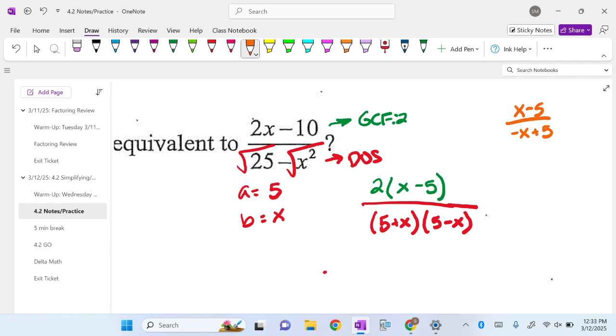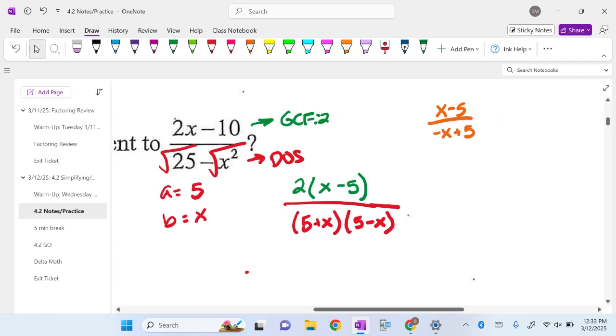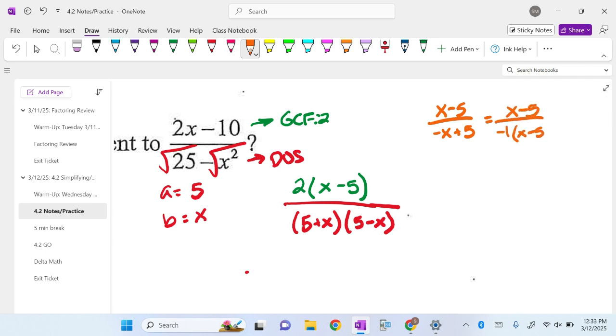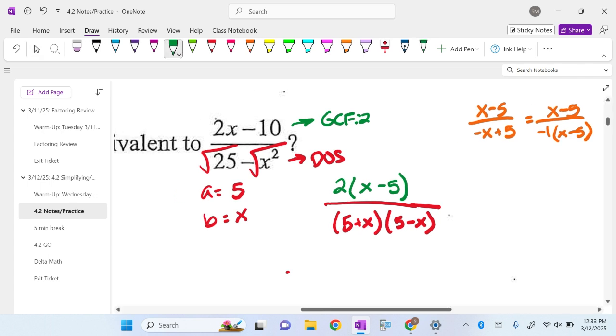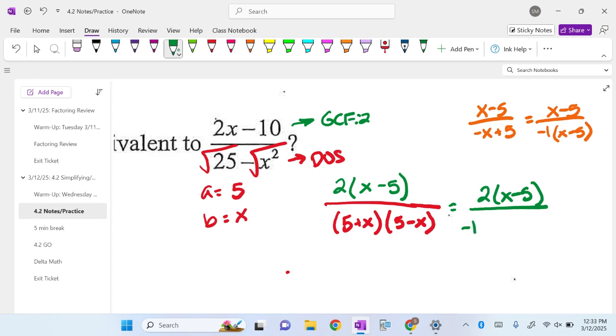What can I do to the denominator to make it the same? Take out a negative 1. So I can make this x minus 5 over negative 1 times x minus 5. So in other words, down here, I'm going to rewrite this as 2 over x minus 5 times, I'm going to have a negative 1 out here, and I'm going to write the x minus 5 as negative 5 minus x.